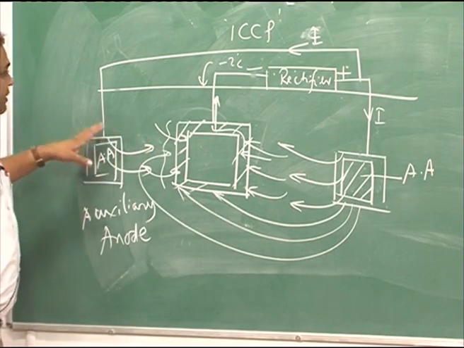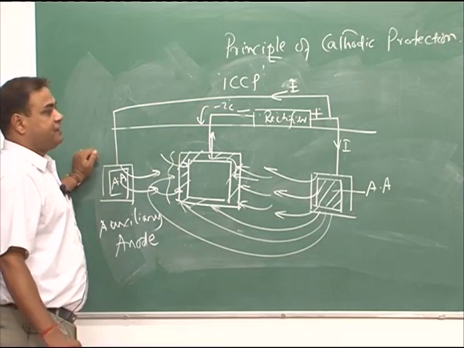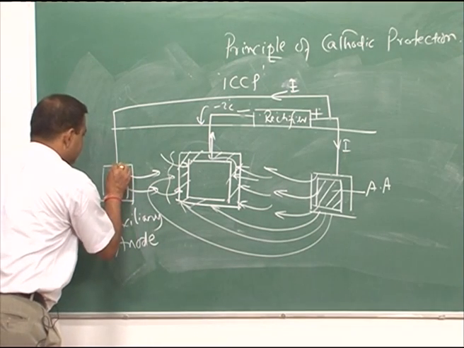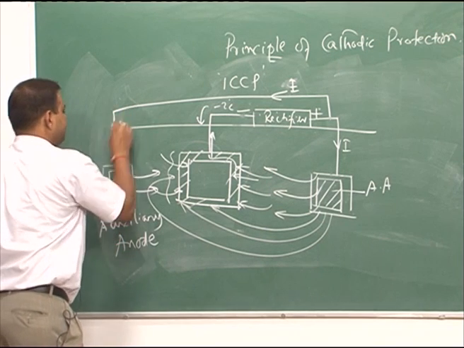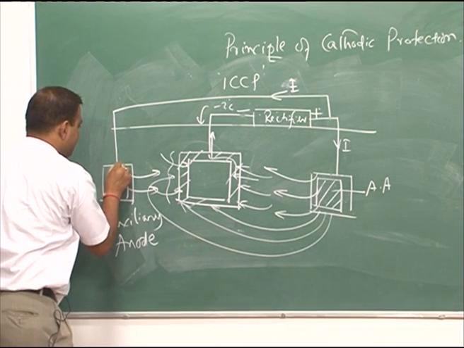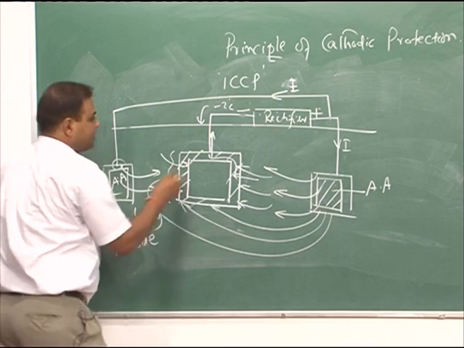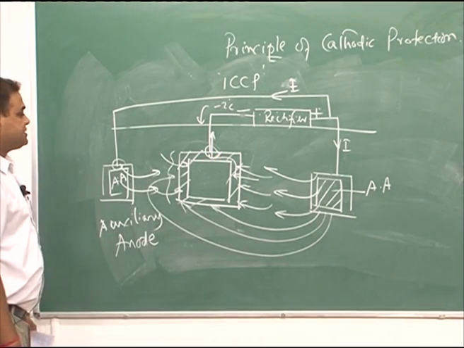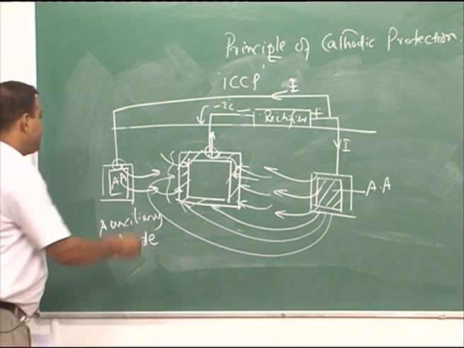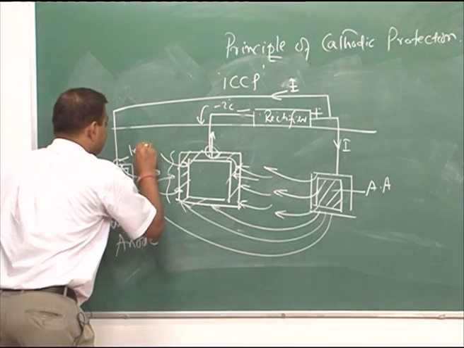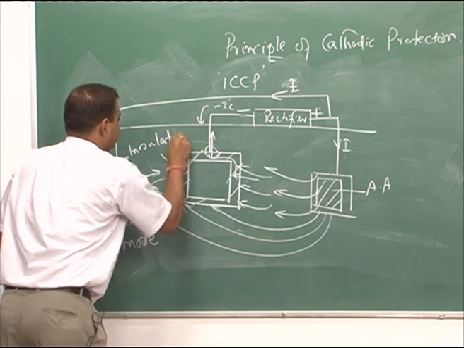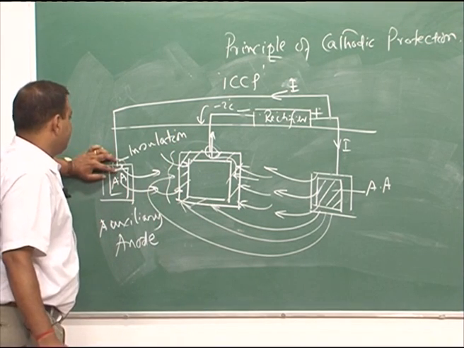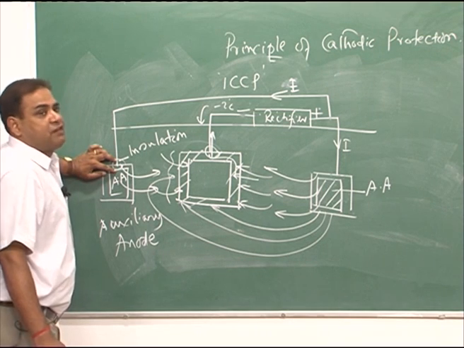Now, we should be careful with this connection, which is the conducting wire connected to the auxiliary anode as well as to the cathode material, which is the steel structure. We should have proper insulation. Proper insulation means there should not be any local cell formation.